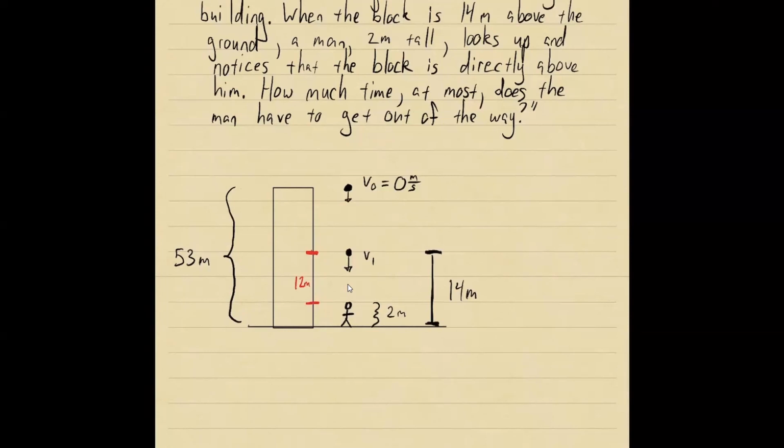So this rock only has to go 12 meters in order to, you know, bonk this guy on the head, which is not good. So we need to figure out first how long it takes this block to fall from its initial starting position to when the man notices the block 14 meters above the ground.